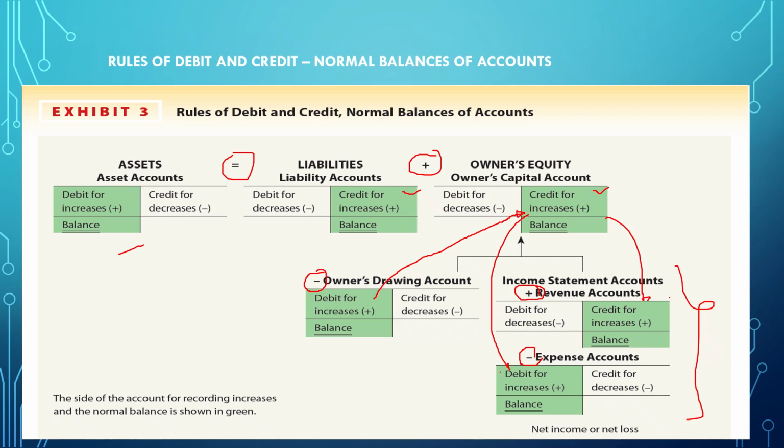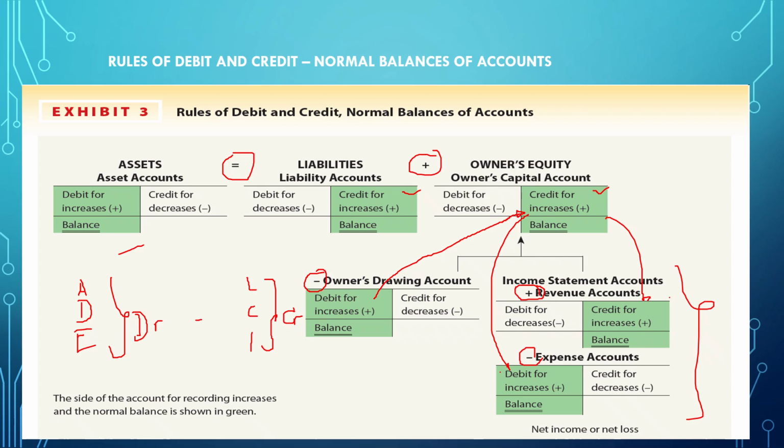So for this classification of accounts, all assets, drawing, and expense accounts are normally on the debit side. Okay? And all liabilities, capital, income, or revenue accounts are normally on the credit side.